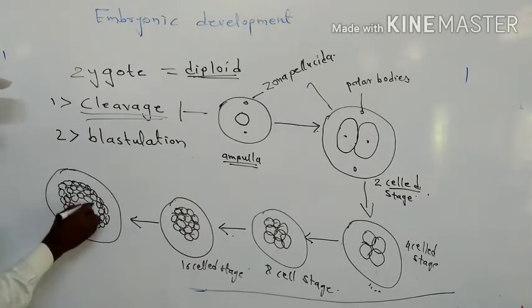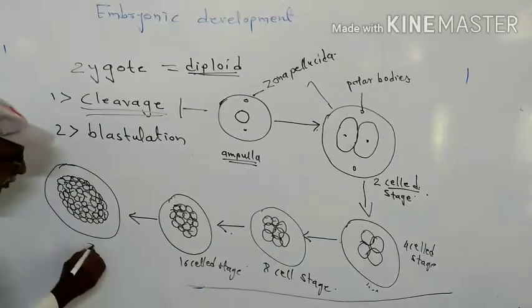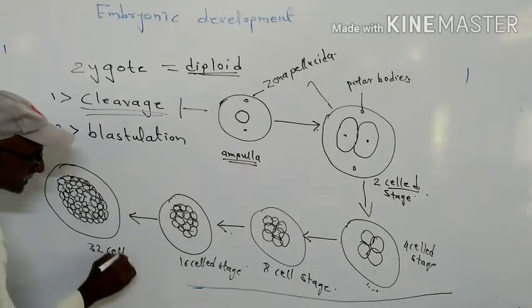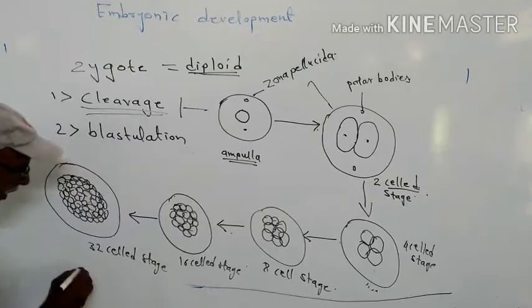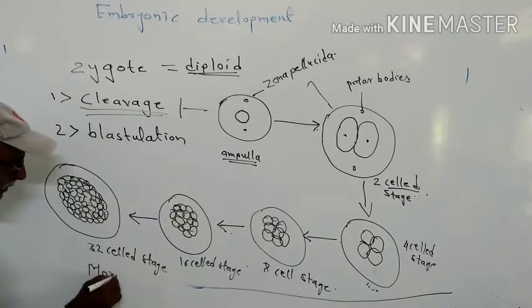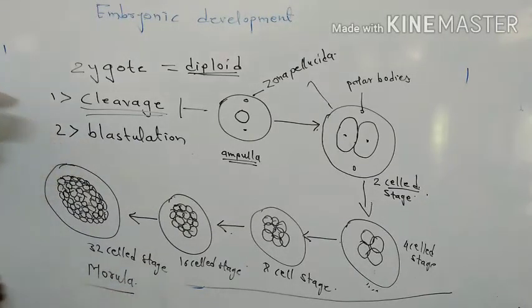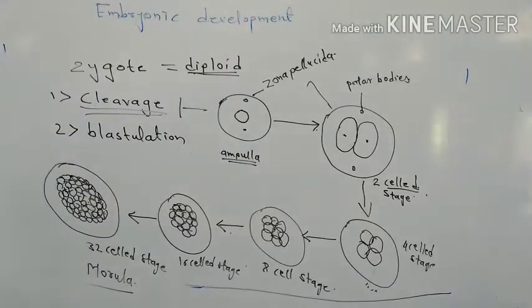So near about 32 cells are formed, and this 32-cell stage is called the morula.